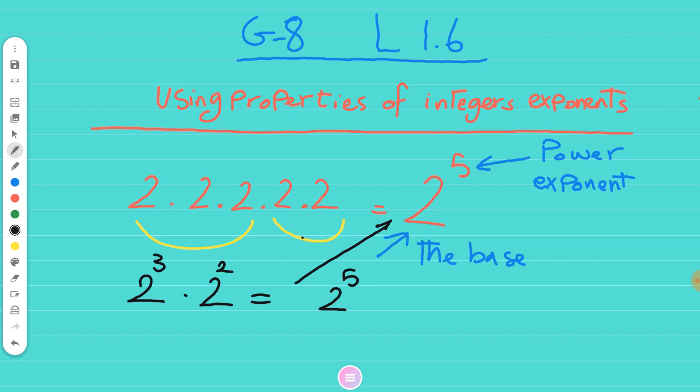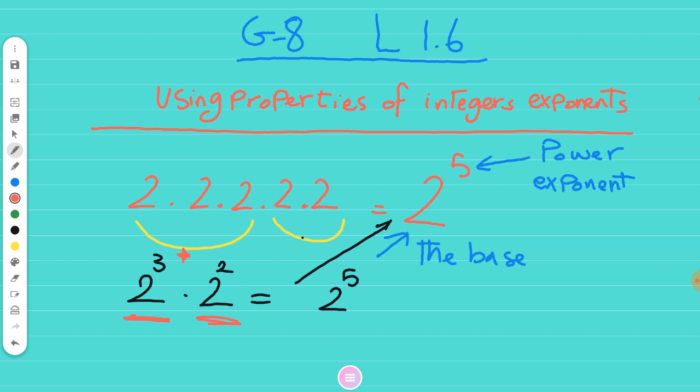2 to the power 5, so it's the same. So what you did in the powers, if we have the same base, we will add the powers. Okay, if we have the same base, we will make what? Add the power. This is the first property of integers. In case of multiplying two numbers with the same base, we add the power.